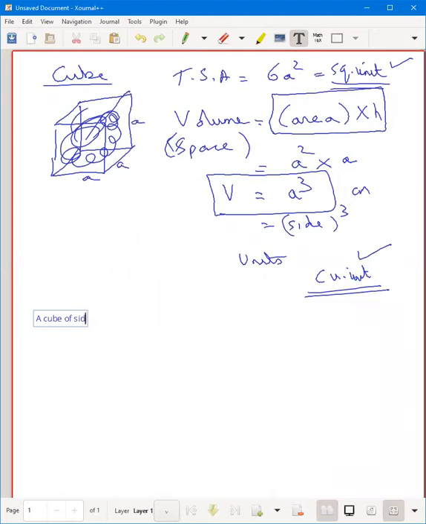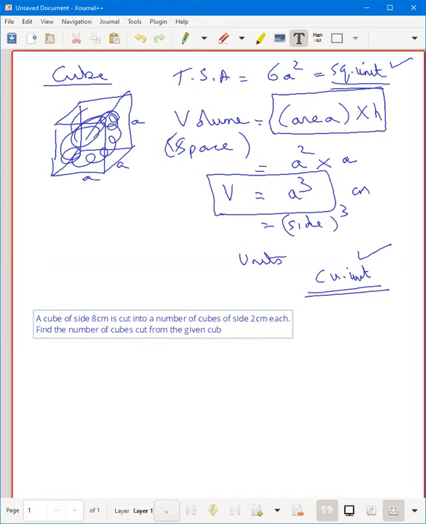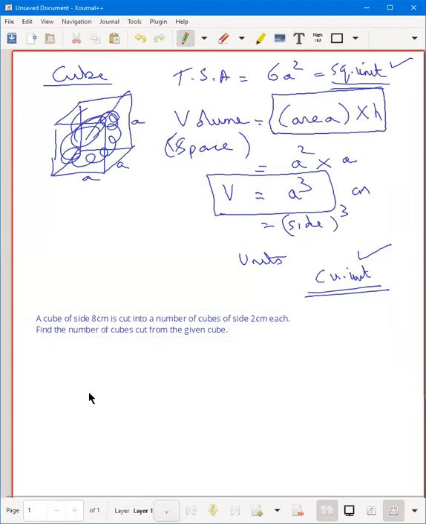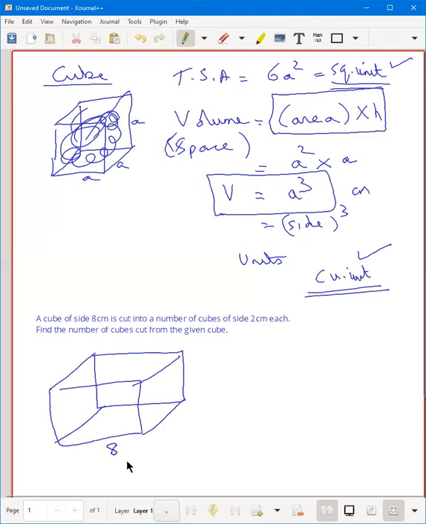A cube of side 8 centimeters is cut into a number of smaller cubes. Find the number of cubes cut from the given cube. So the question is saying we had one cube whose side was 8 centimeters.